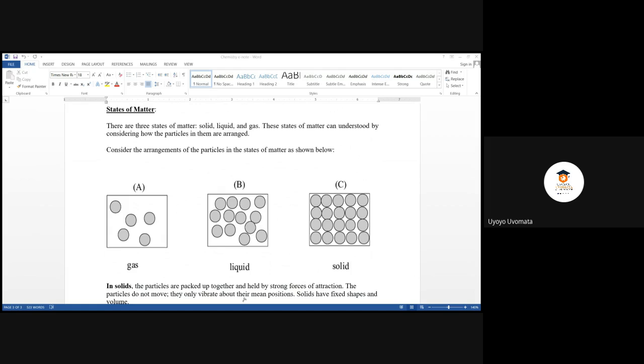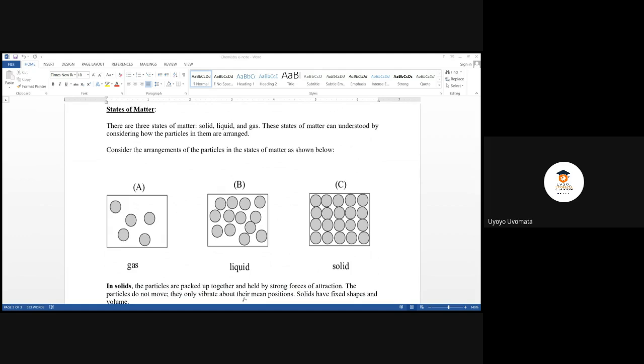What we see inside of them are the particles that make them up. The way the particles are in A differs from how they are in B, and the one in B differs from how they are in C.